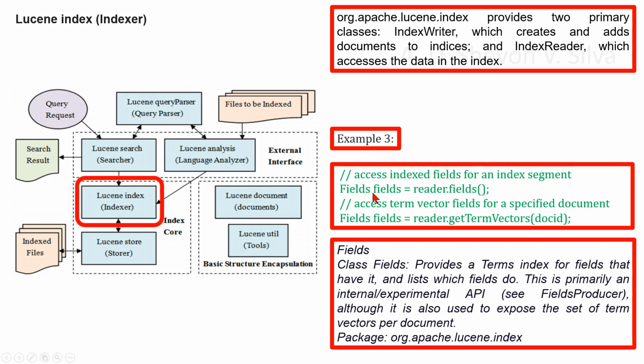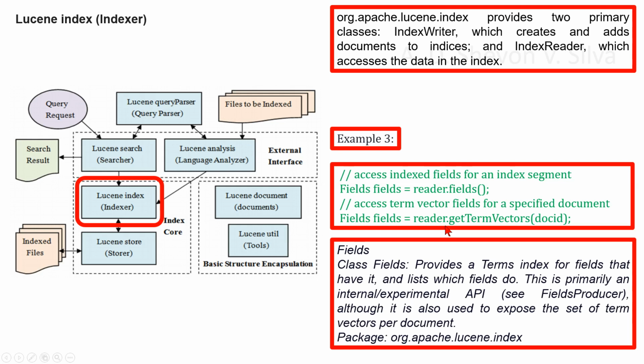IndexReader is an abstract class providing an interface for accessing a point-in-time view of an index. Any changes made to the index via IndexWriter will not be visible until a new IndexReader is opened. It is best to use DirectoryReader.open(IndexWriter) to obtain an IndexReader if your IndexWriter is in-process.